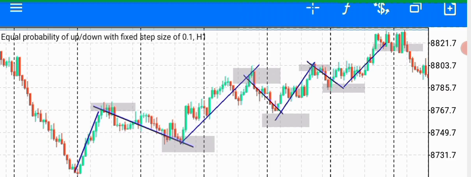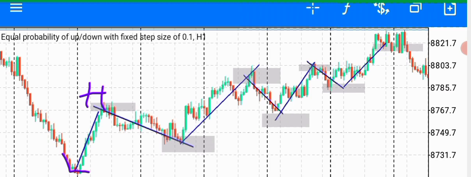So let's look at this. We begin with the identification of our low, which is this point. This zone here is our low. So we begin by the identification of what? Of our low. The journey begins from this low and then it forms a high. The journey of an uptrend always starts from a low point.